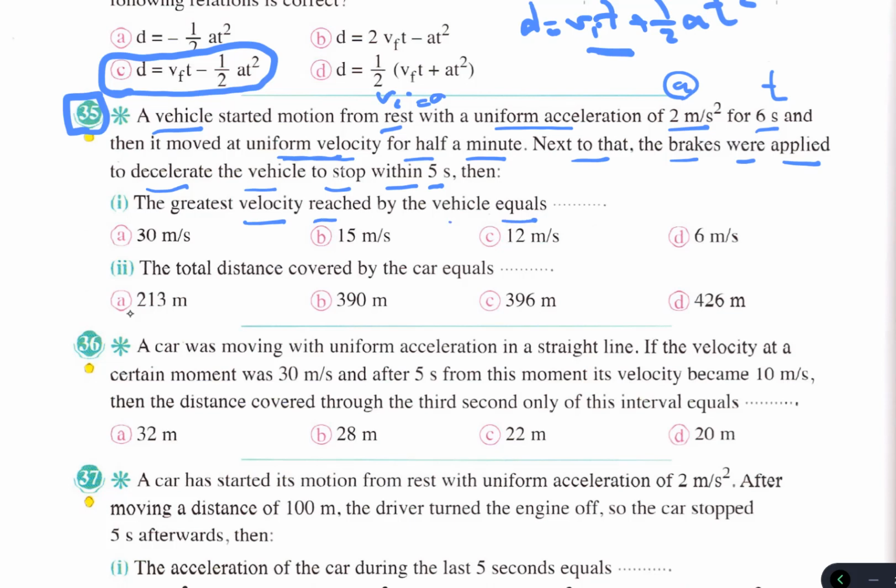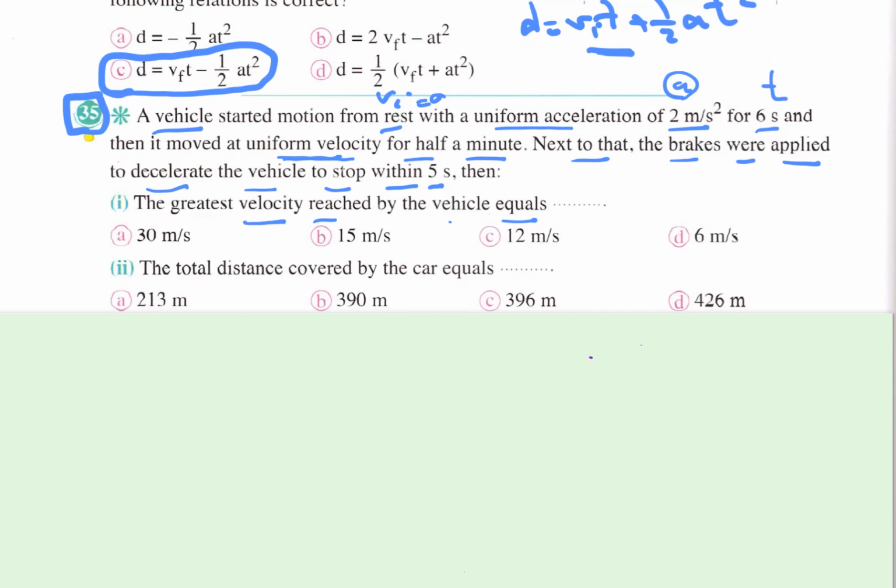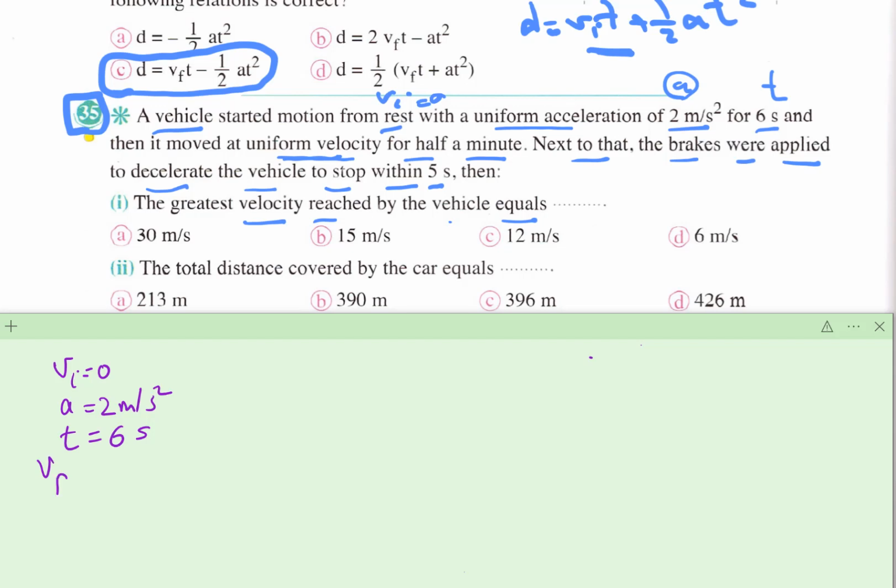Let's solve it together. At the beginning, as you see, V initial equals 0 and A equals 2 meters per second square for 6 seconds. So we can get V final. V final equals V initial plus AT, 0 plus 2 times 6 equals 12 meters per second.